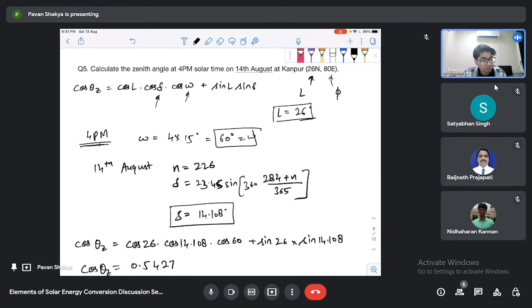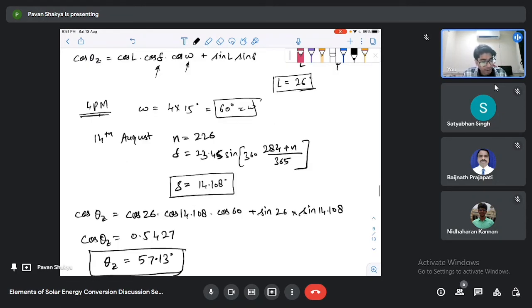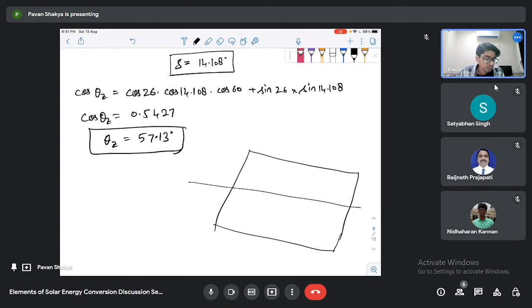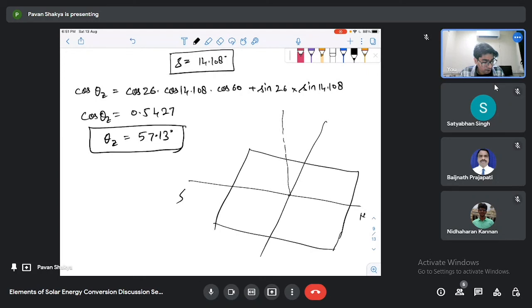Also, I want to show you what this zenith angle means. Suppose this is any horizontal plane, and this is north-south, and this is the vertical of this plane.